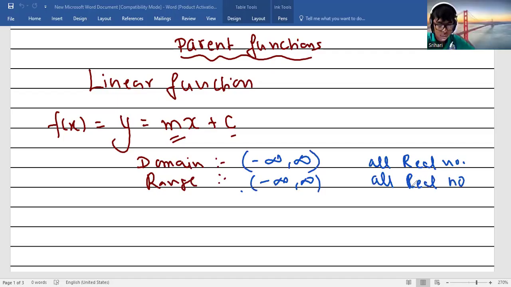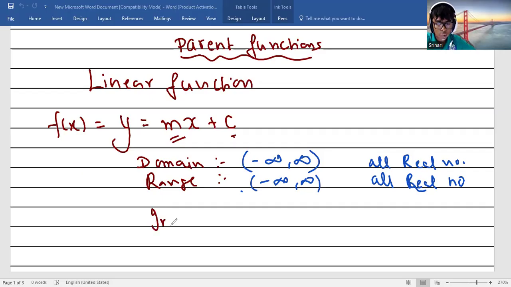Then what is the nature of this? Whether it is an increasing function or a decreasing function? This is an increasing function. How will you say that this is an increasing function? Because the slope is positive, it's increasing. But the slope may be negative also, right?